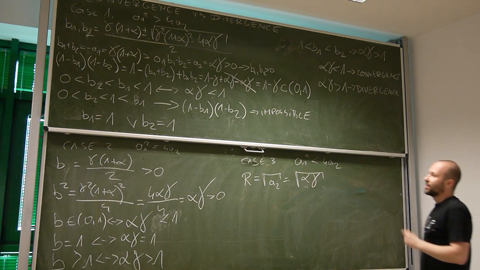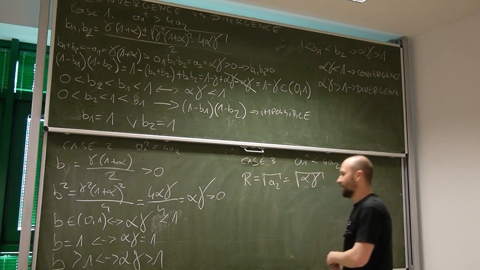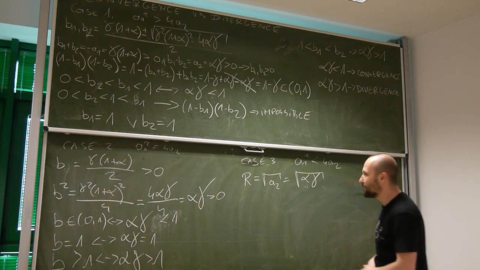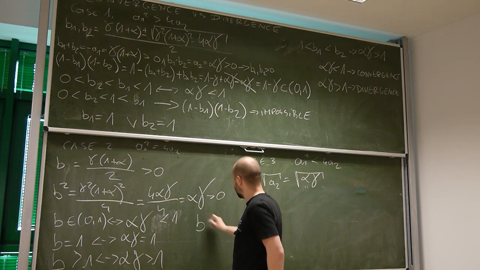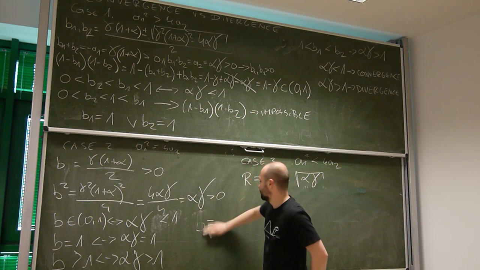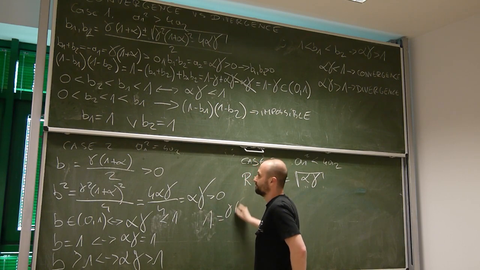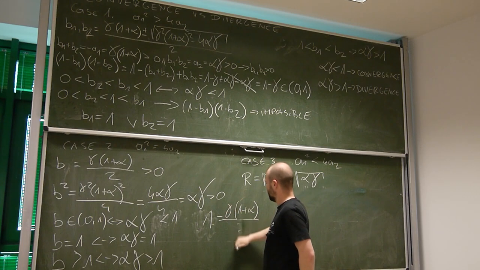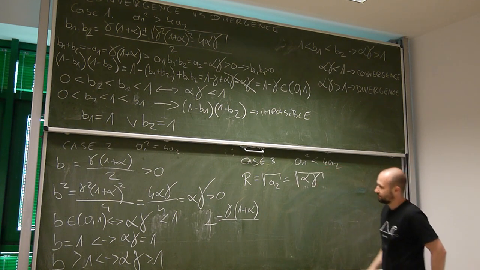Look, here alpha times gamma, can b be equal to 1? Well, as it happens to be, it cannot. Why? Because look, if b is equal to 1, we've got 1 equals alpha 1 plus gamma over 2. So, this is correct.